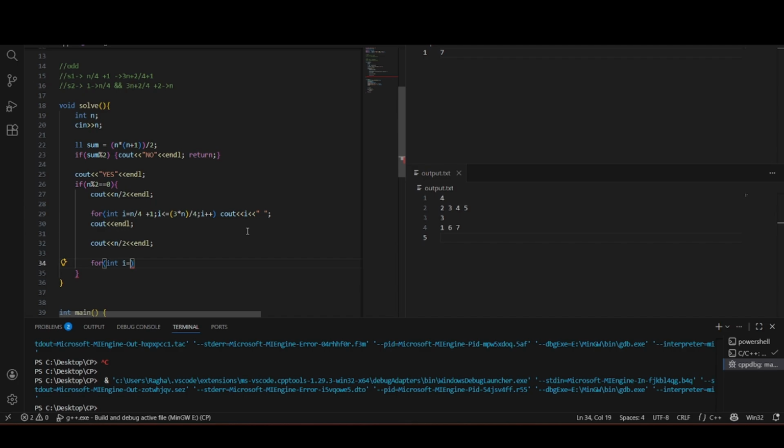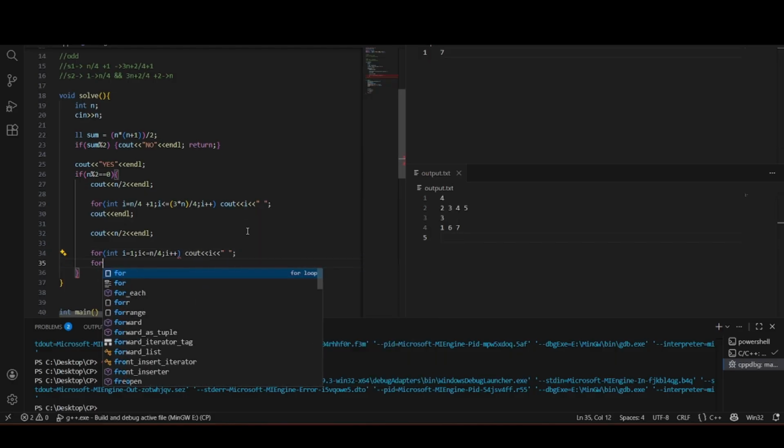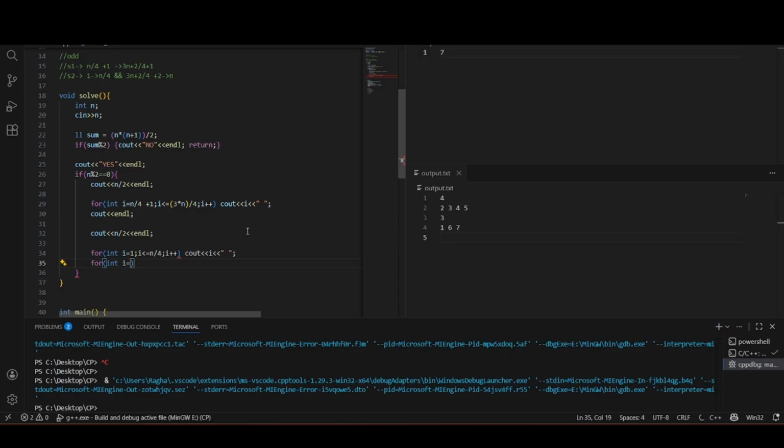So for the leftmost elements, I will start from 1 and will go till n by 4. And for the rightmost elements, the range will start from 3n by 4 plus 1, i less than or equal to n, i plus plus, cout i.